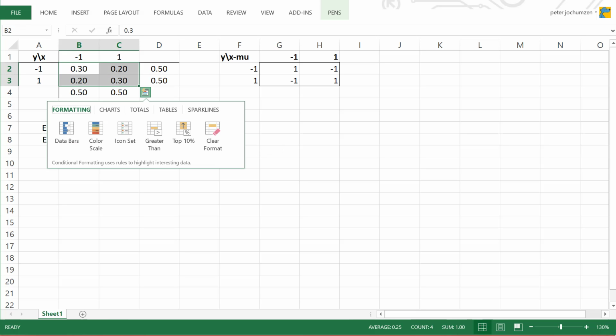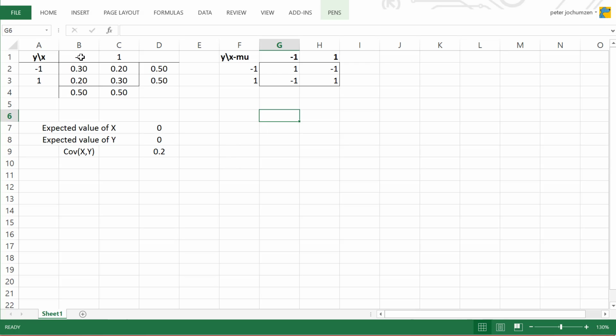You can see that the probability for x is the same, half for both of them. So the expected value has not changed, that's still 0. But the covariance will change because now there is a larger probability on the positive numbers, 1 and 1 here, and a smaller probability on the negative numbers.